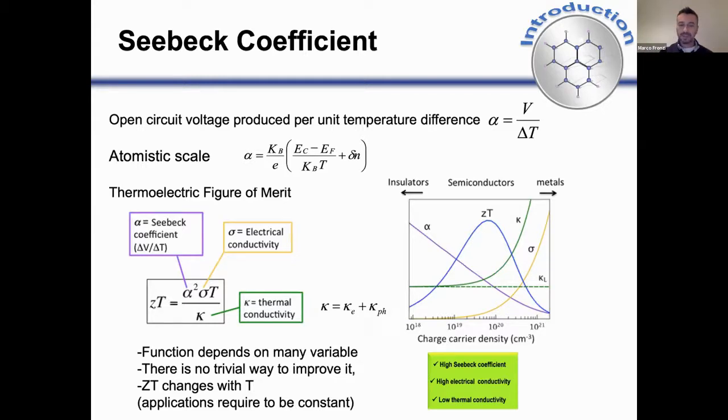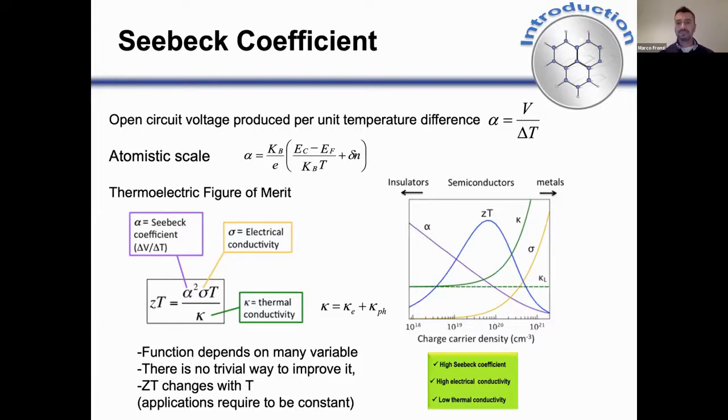Now, the interplay of these three quantities is kind of complex. However, what we are looking for is a high efficiency, so a high figure of merit. We want a high Seebeck coefficient, high electrical conductivity, and low thermal conductivity.